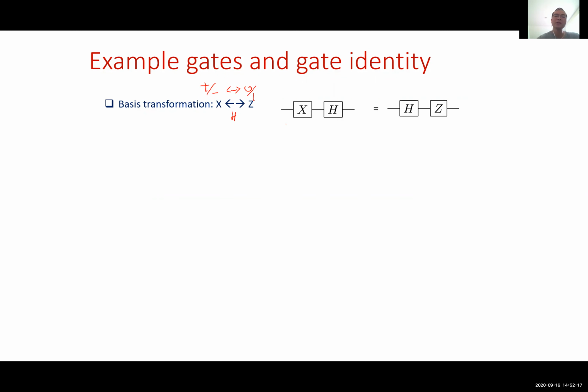Basically, the mathematics is that H transforms Z by conjugation into X. Remember, H dagger is H. H squared is 1.